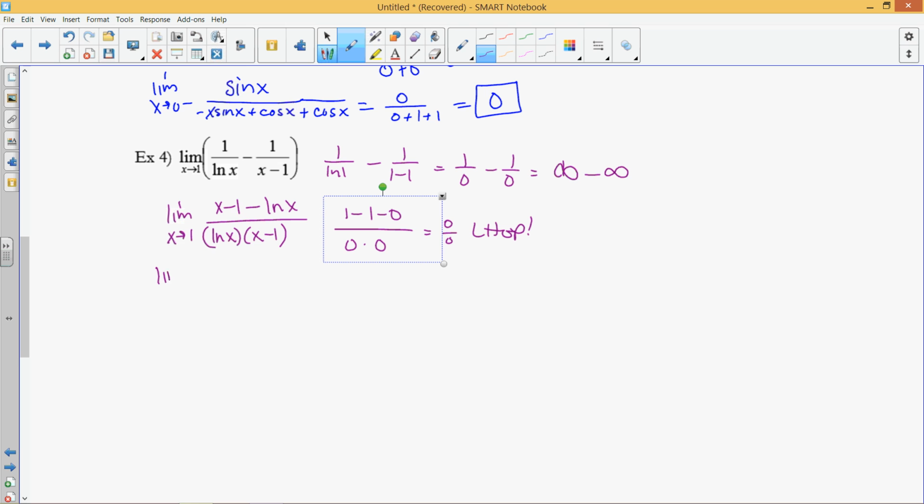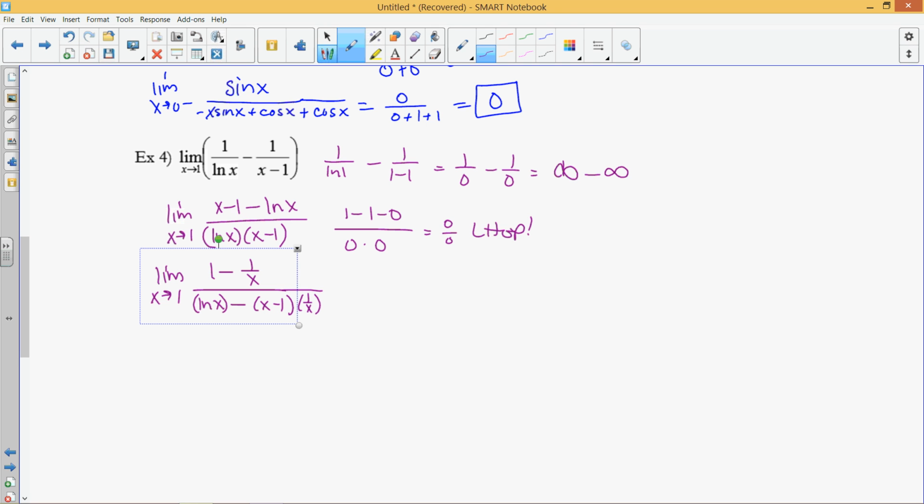I'm going to take the derivative of the top and of the bottom, which is going to be 1 minus 1 over x, divided by a product rule, so I have the first times the derivative of the second, minus the second times the derivative of the first.